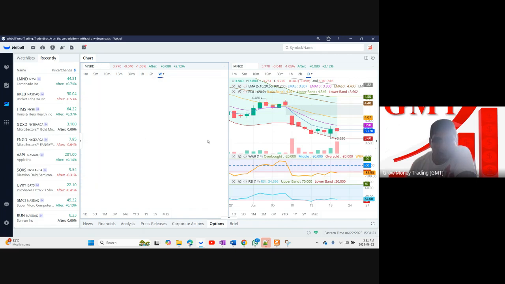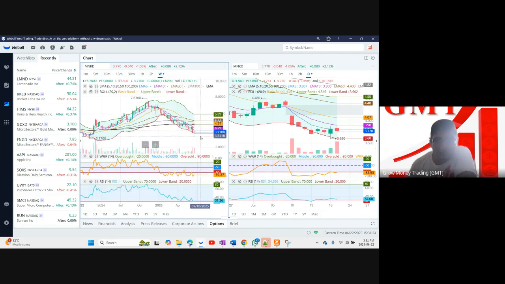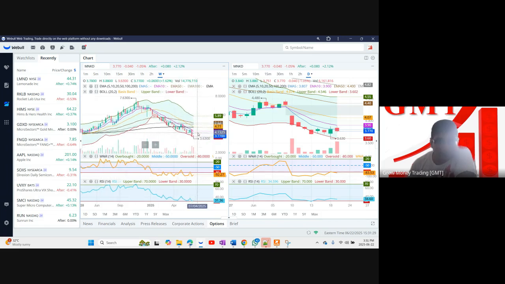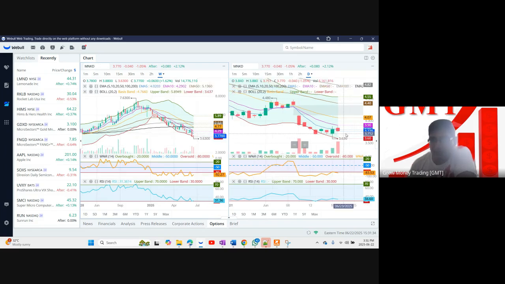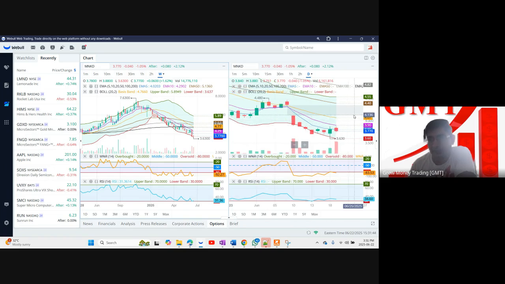based on the weekly chart, it has been touching the lower Bollinger Band, and with the daily chart, it has had some reversal. If you have already entered, you can aim for $4 as the target price, the mid Bollinger Band.